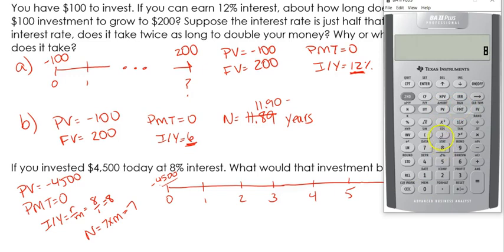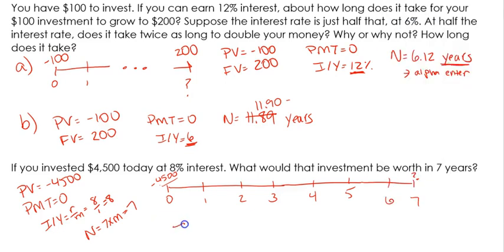Our interest rate is 8%, and we're leaving it alone for 7 years. So I'm going to compute the future value, and I get $7,712.21. That's our future value.